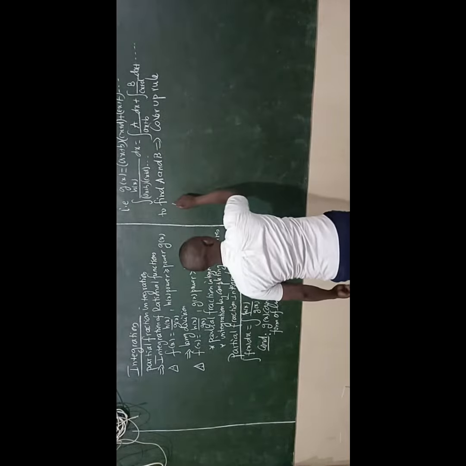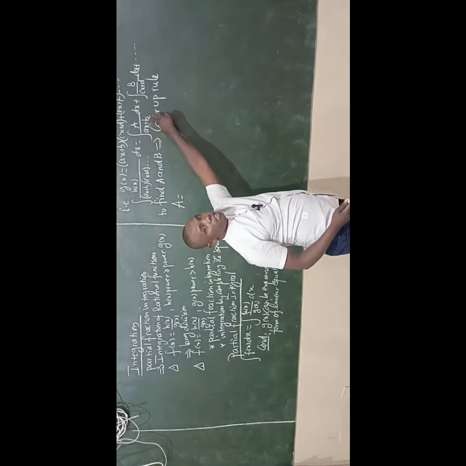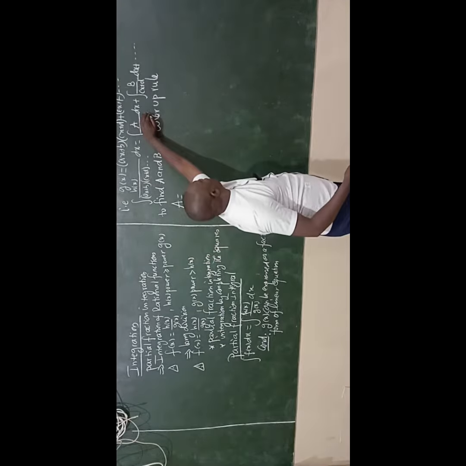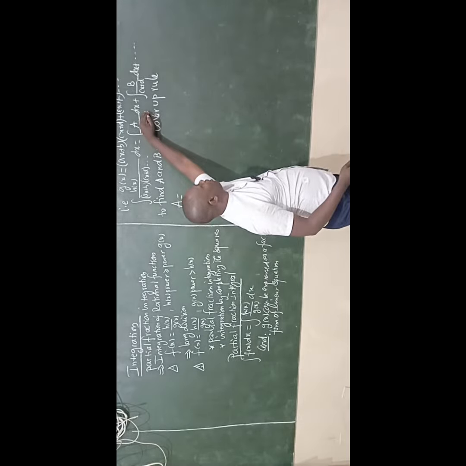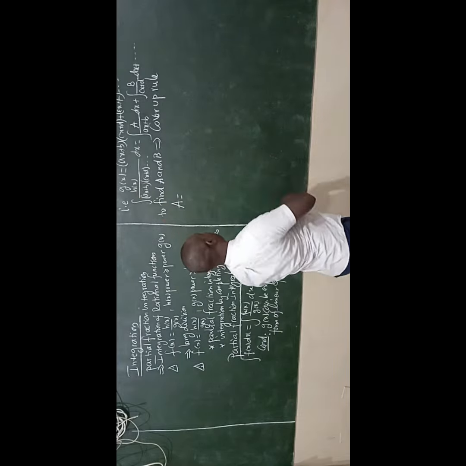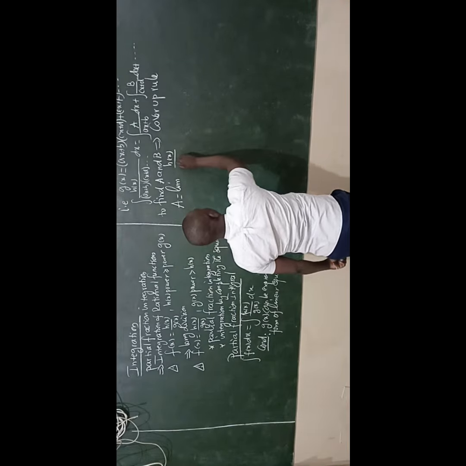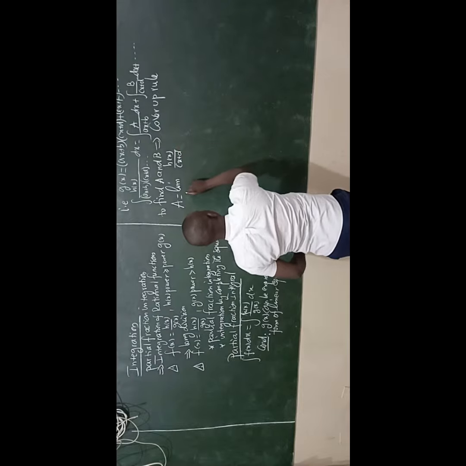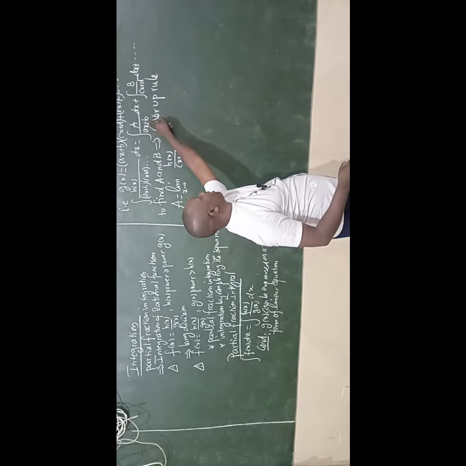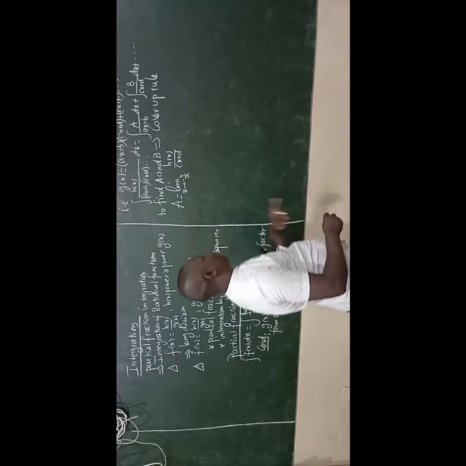To find A, because the denominator of A is ax plus b, A will be found by hiding this factor and considering the rest. It will be the limit of h(x) by cx plus d, where x, because this was hidden, is the value that makes it zero: minus b over a.